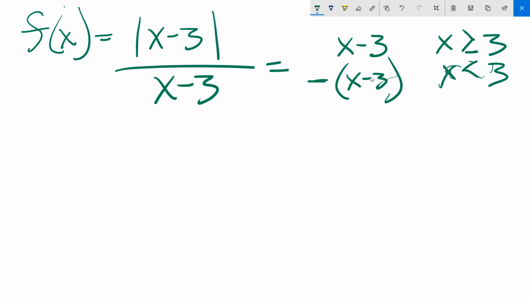In other words, if you make x 1, well, the numerator becomes 1 minus 3, which is a negative 2, which becomes positive 2. Hold on here. That's not right.